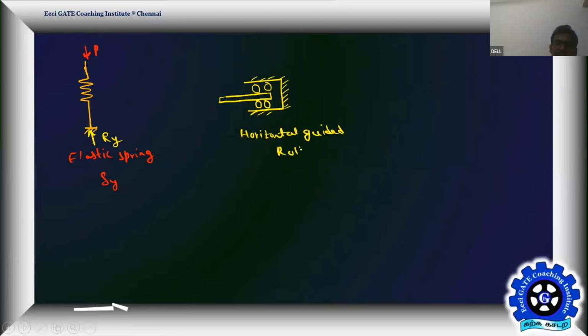How many reactions is it going to develop? It restrains what? Rotation, no, sir. Yes, exactly. It restrains Y direction. Now, if you apply a load, can it take it or not? Yes. It restrains displacement in Y direction and restrains rotation about Z direction. What about when I apply a horizontal load? The rollers are parallel to the horizontal force, so if I apply a horizontal load, it is going to move over the rollers. Yes or no?